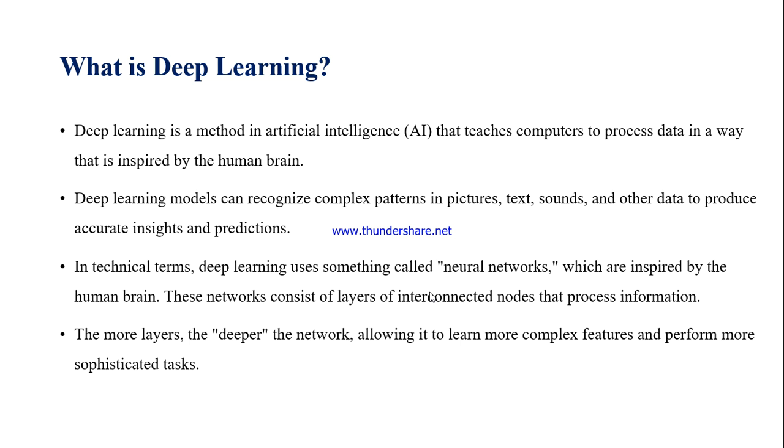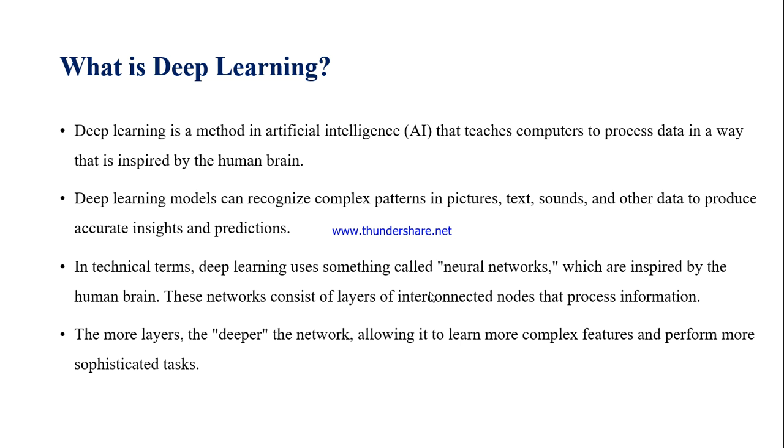Deep learning is a branch of AI that teaches computers to process data similar to the human brain. That means it teaches the computer and does the training process without human intervention. That is the major advantage of deep learning here.